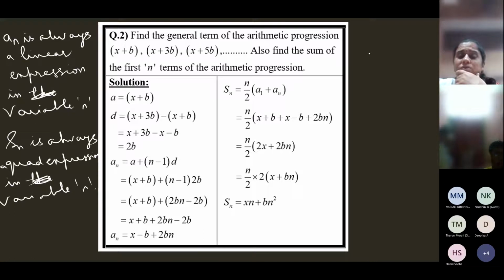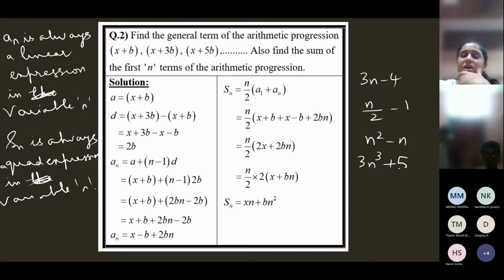Because you know they'll give you options like 3n minus 4, n by 2 minus whatever, n square minus n, say 3n cubed plus 5, and they'll ask you which of the following. I've given you 4 options. Which of the following can represent the sum to n terms of an AP?